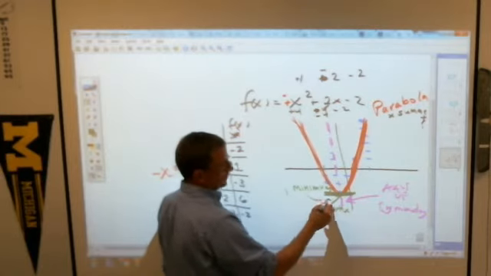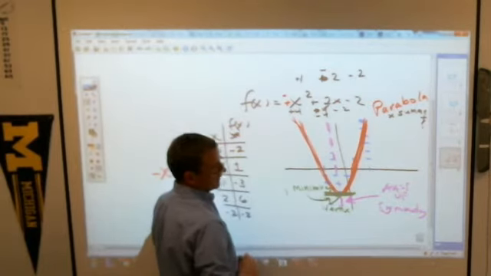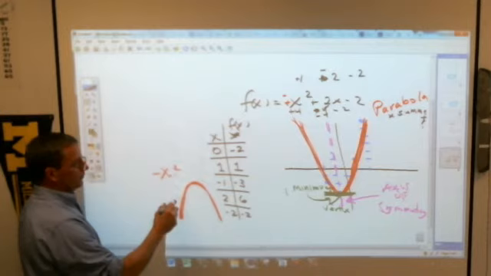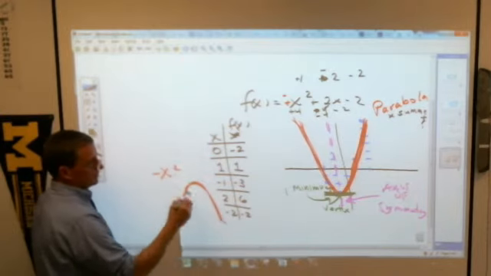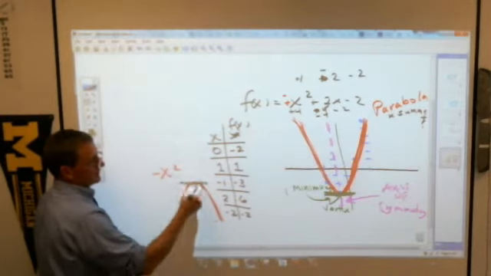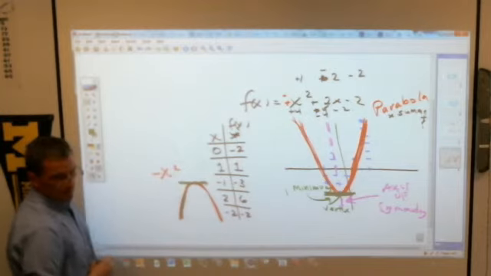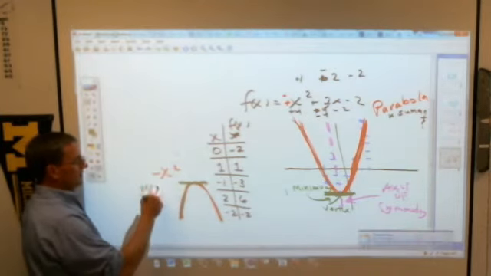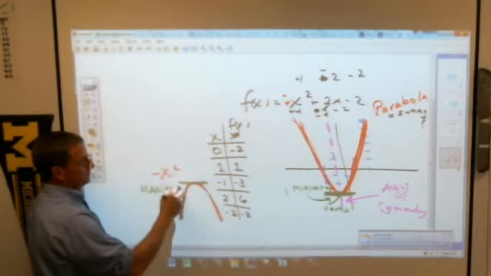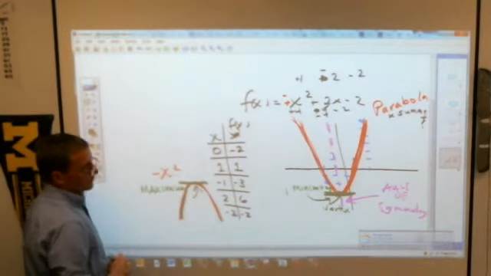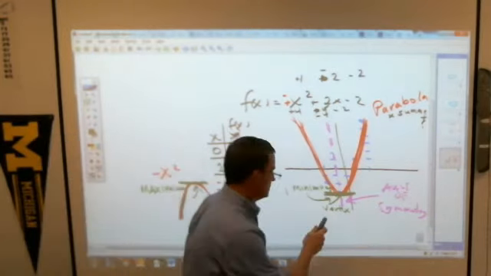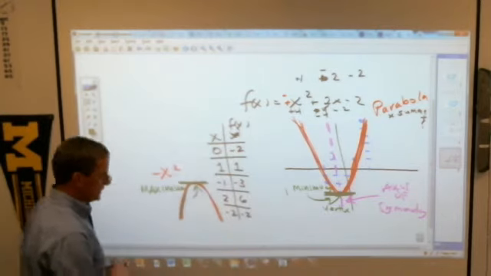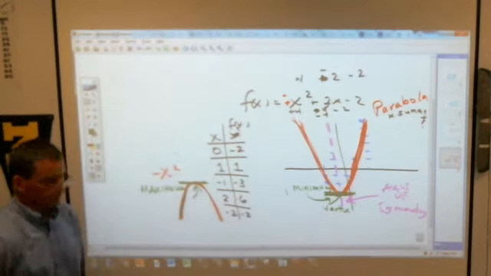It has a minimum point. And if it happens to be a negative one and it looks like this, since this is as high as it gets, it's not a minimum, it is a maximum. If it's as low as it gets, it's a minimum. If it's as high as it gets, it's a maximum.